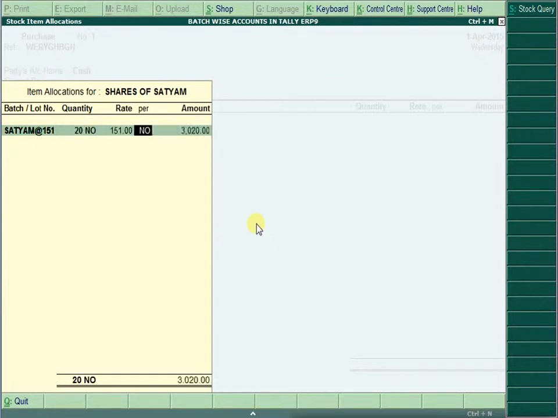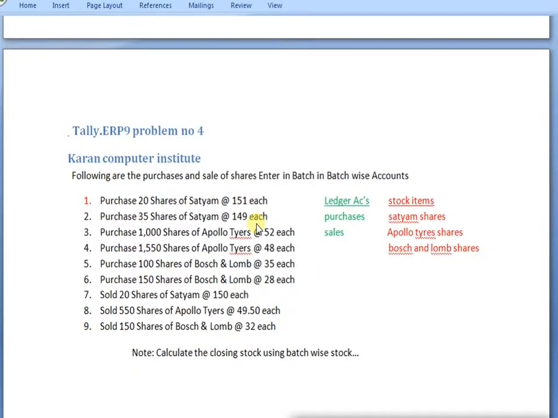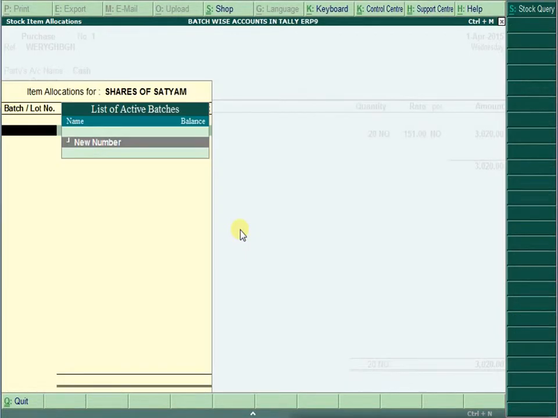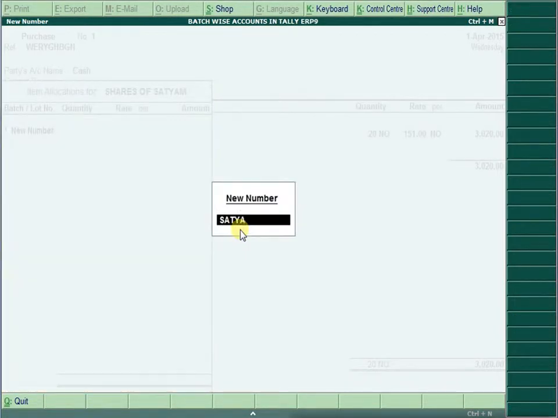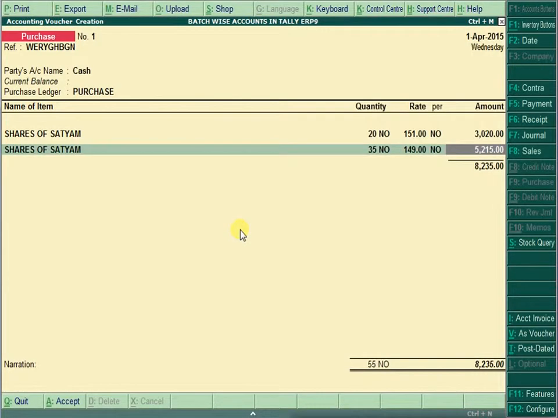Again we are purchasing 35 shares of Satyam at the rate 149. We should make a separate batch for this also. Shares of Satyam, new number, Satyam @149. We are purchasing 35, rate is 149. Okay, same for all.